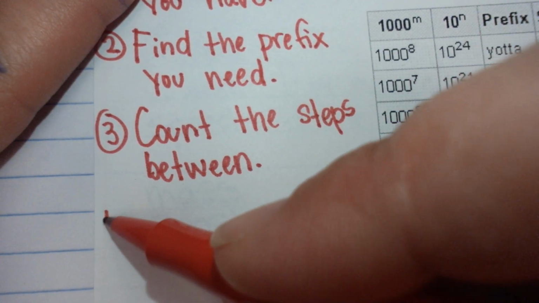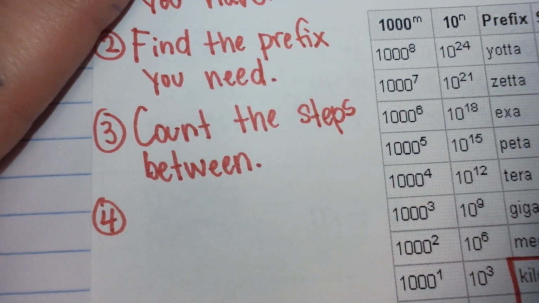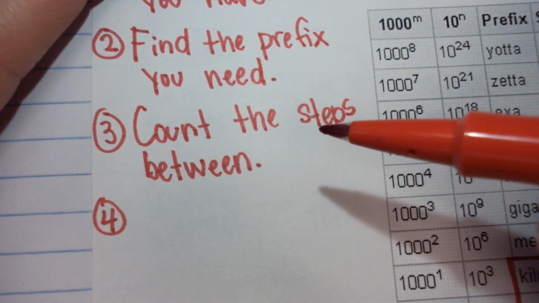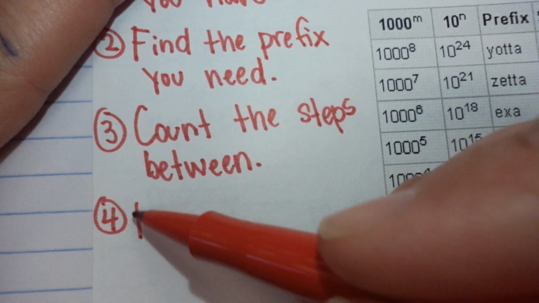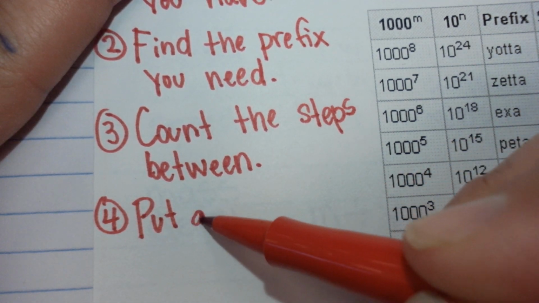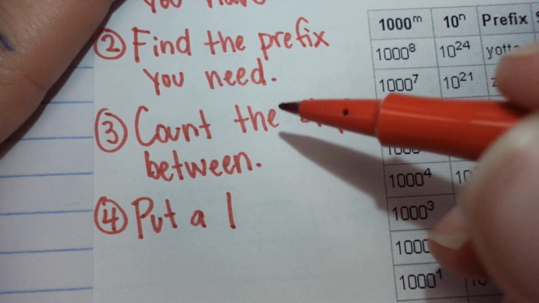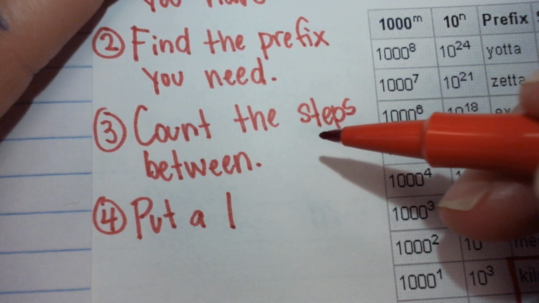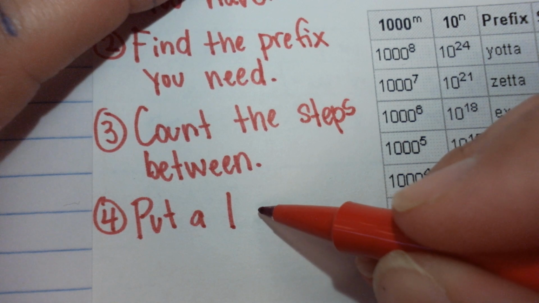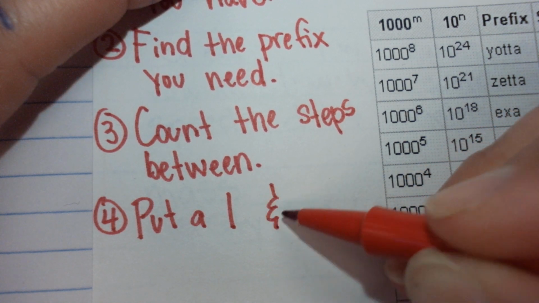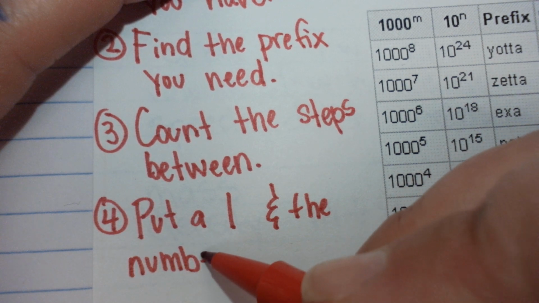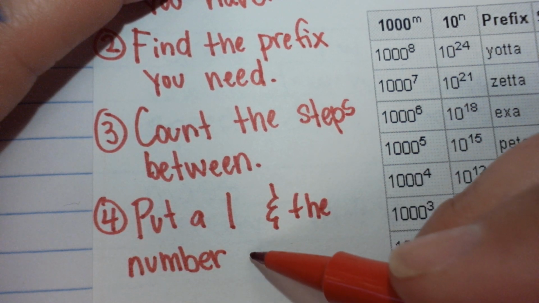Number 4. This one you're probably going to have to see in action, but it makes a lot of sense. You're going to put a 1 and the number of zeros that you had steps. So that is going to be what you either multiply or divide by.